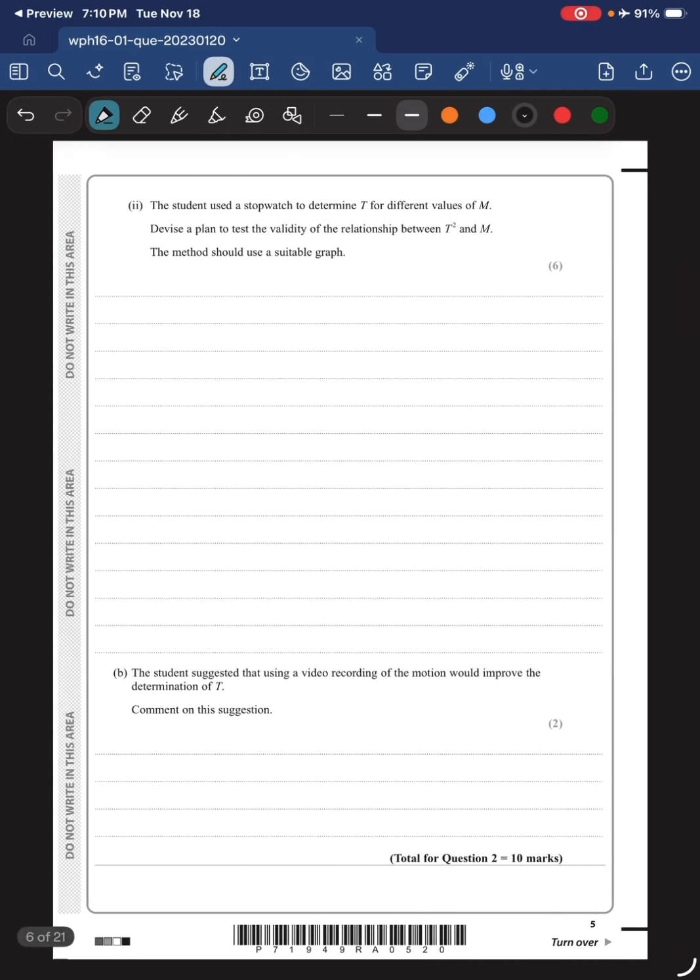Okay. Part 2. The student used a stopwatch to determine t, the period, for different values of mass. Devise a plan to test the validity of the relationship between t squared and m. The method should use a suitable graph.